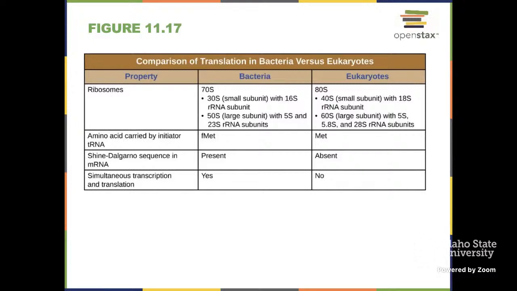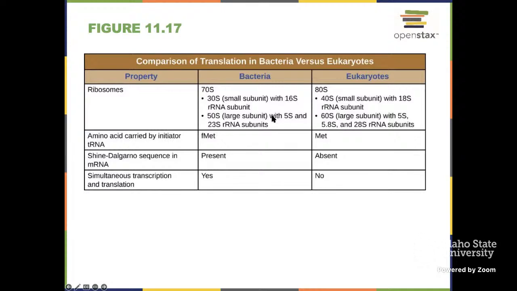As we spin these down, they separate out and have differing weights. The intact ribosome, the two subunits bound together, would have this specific size, but when we look at the individual portions, differing numbers, and they don't add up to the same number. As you see, 30 and 50S to give us 70, 40 and 60 to give us 80.